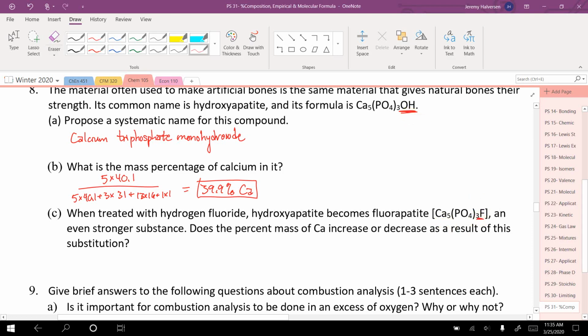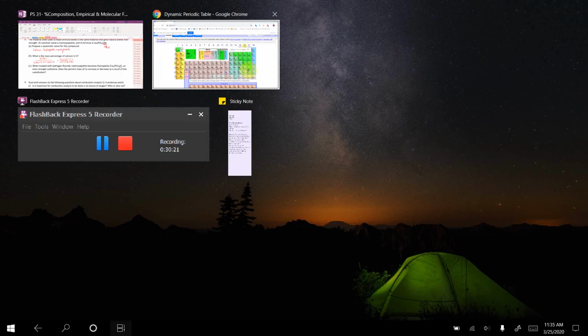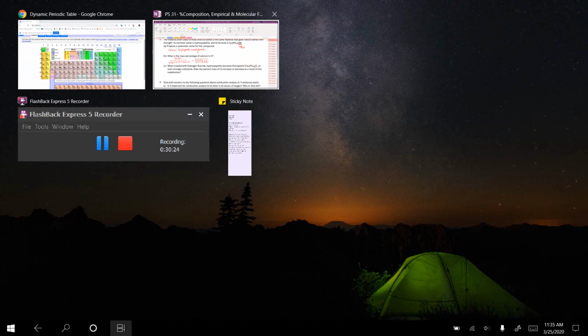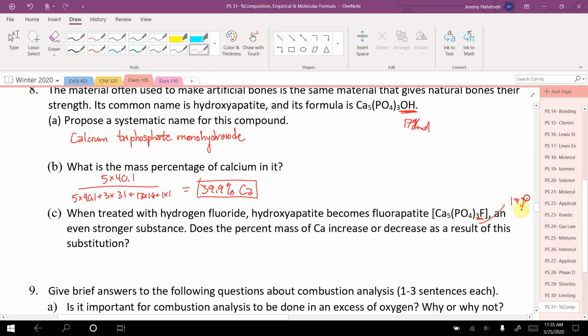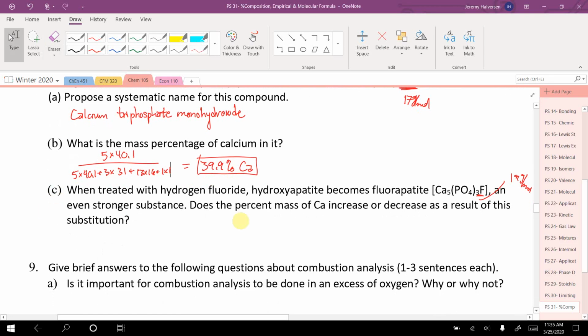So when I switch that hydroxide group, which weighs 17 grams per mole, with my fluorine, and fluorine weighs 19 grams per mole, well, the result of that is that the total mass is going to go up because I switched this OH with the F. Total mass goes up, which means the percent mass goes down. Obviously not by much, but it will go down.